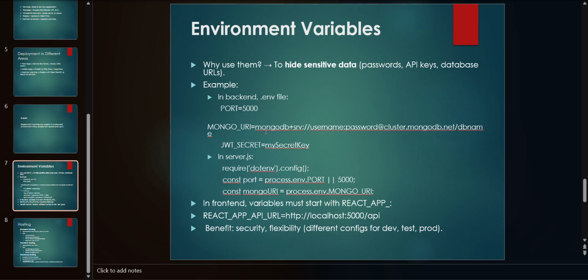For example, we take two types. In the backend, we use a .env file. In that .env file, we put the port, which is 5000, the MongoDB URL, and the JWT secret. MongoDB is a database app used to store data. The JWT secret is also like an API key; we can name it anything. This is one of the secret keys, so I keep it as my secret key.